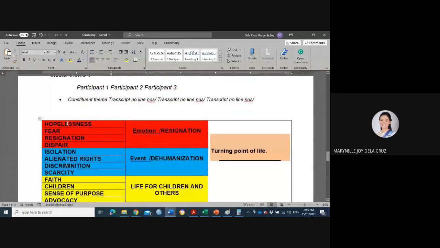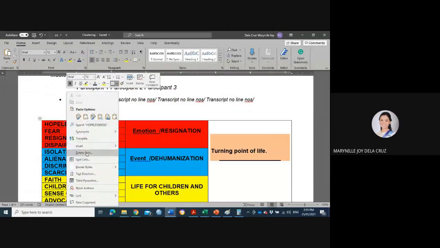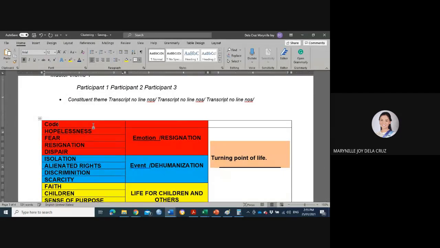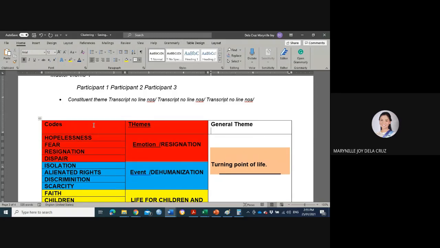These are your codes. Tingnan mo sa ibabaw, ha? Insert above. These are your codes. These are your themes. And these are your general theme.